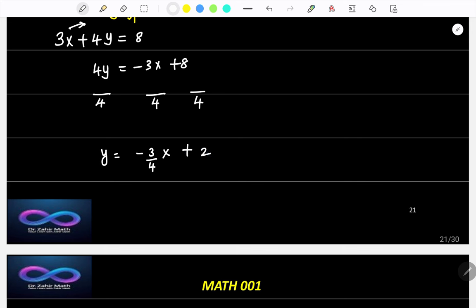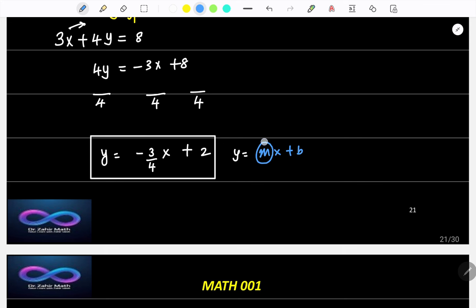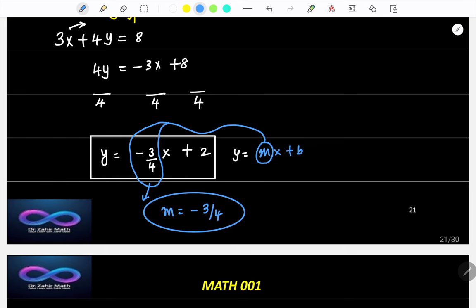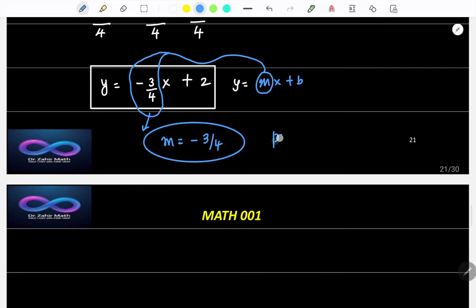So you need to just simplify that side. So this is of the model y equals mx plus b, right? What is m? Coefficient of x. So what is your coefficient of x? So m is equal to negative 3 by 4. Right? Don't do anything because it is parallel, right?